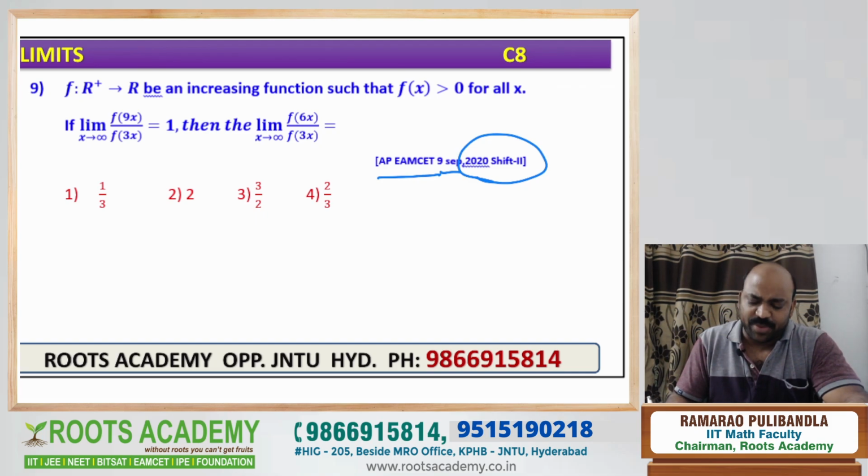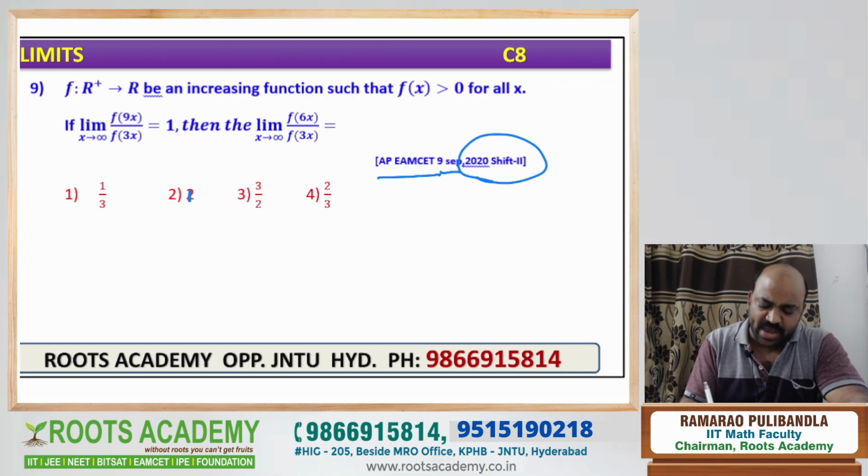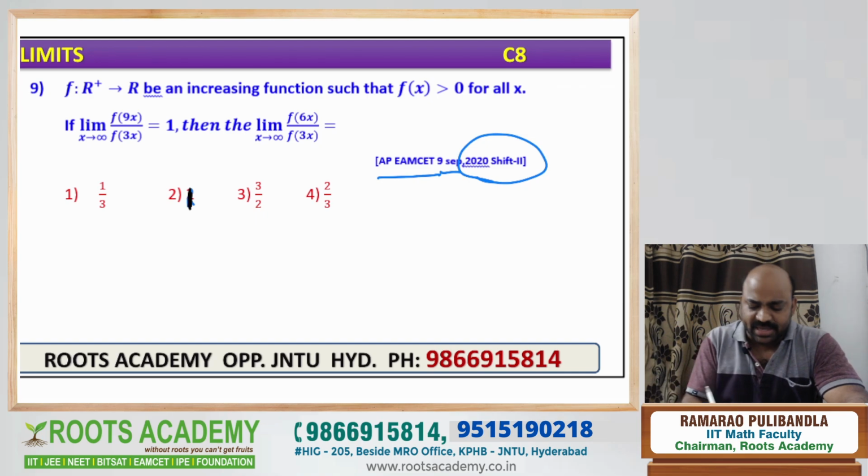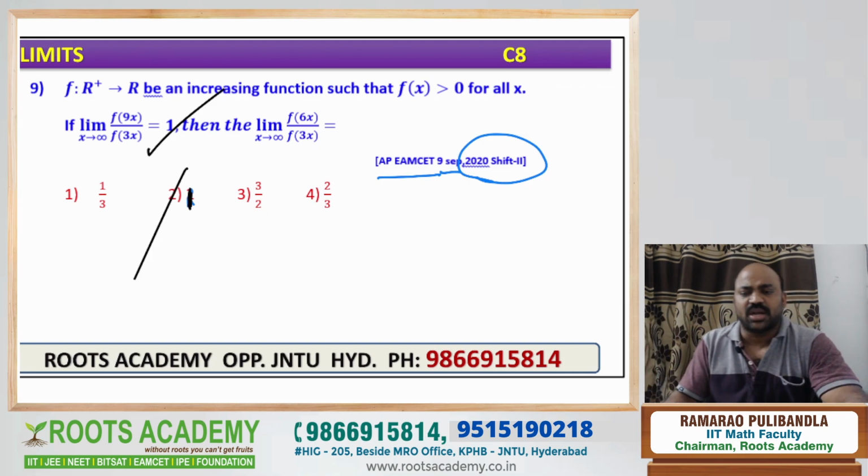I think they gave wrong options. Make option 2 as 1. Why? It should be 1 only, no? Because this is 1 means this also 1. That's it. How much time will it take to do these types of questions?